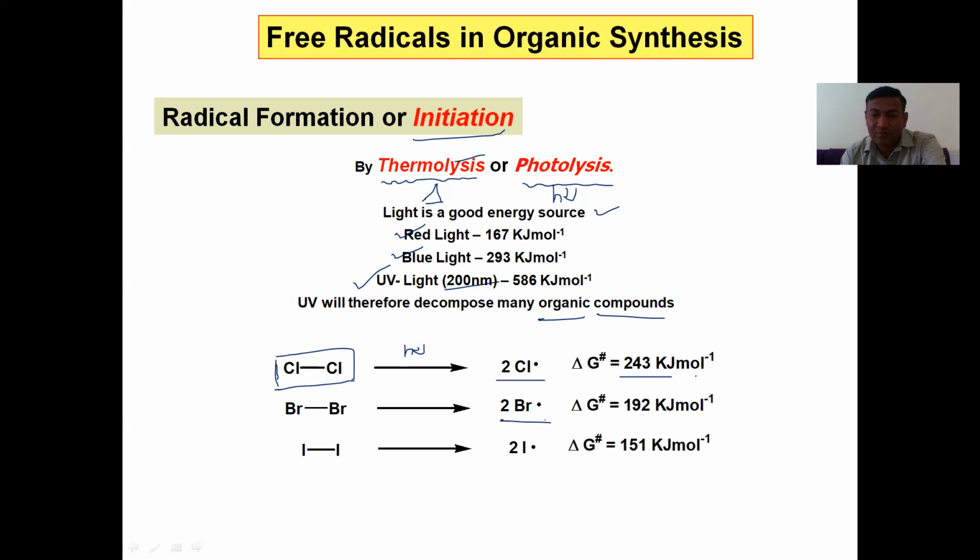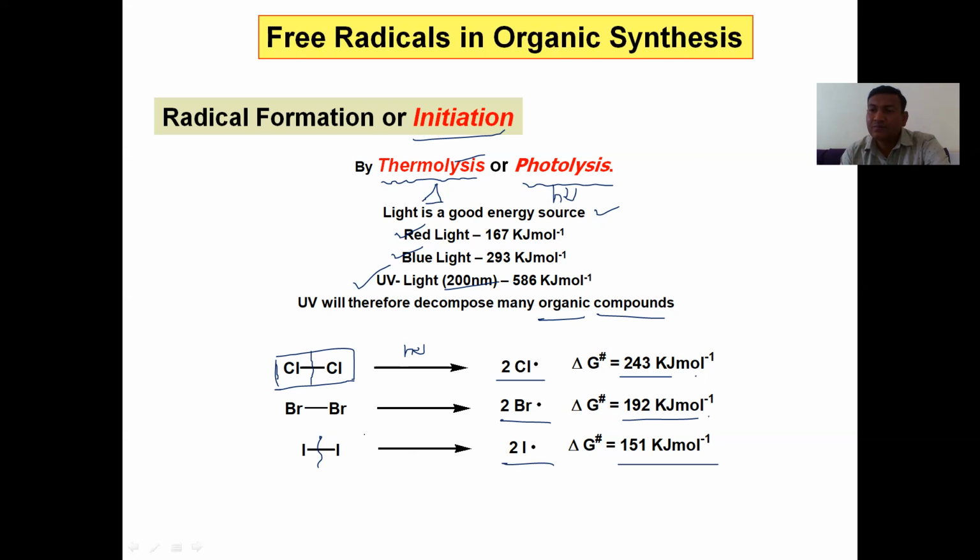To form a bromine radical, the minimum energy required is less compared to chlorine. And to form the iodine radical, again we need less energy, right? In other way we can say that the chlorine-chlorine bond is stronger than the iodine-iodine bond.